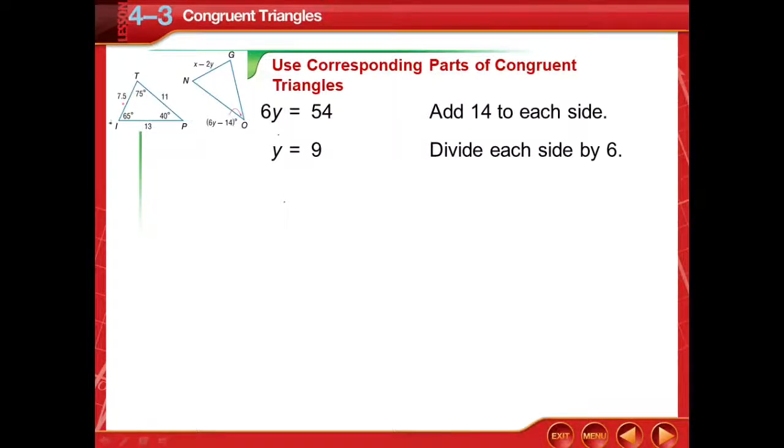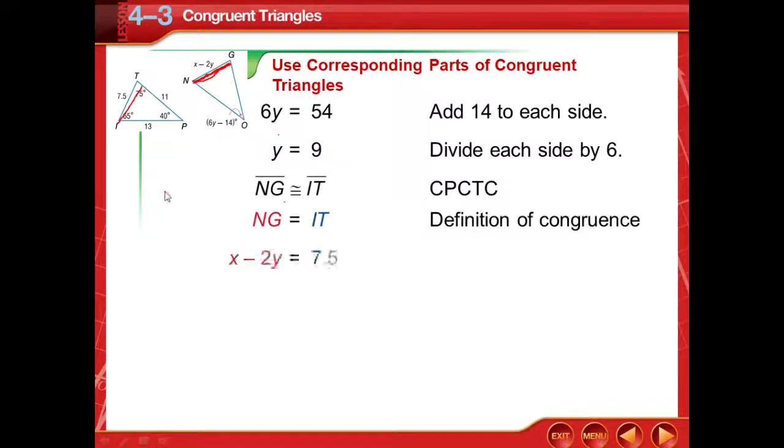Now I want to look at 7.5, x minus 2y is a side. Well, I'm not going to start with that because that has an x and a y in it. But I know that NG is congruent to IT. So I can say that x minus 2y is equal to 7.5.